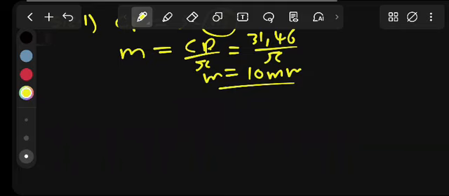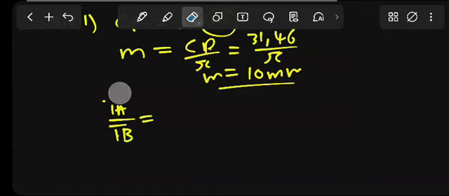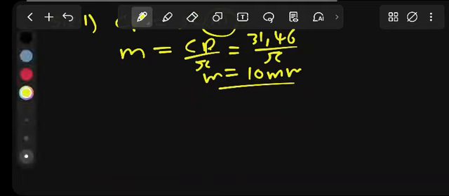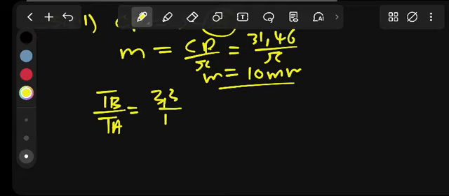We'll have our ratio TA over TP. Since the pinion will be small, I can say TP over TA. So for the pinion it will be smaller here. This is the same as 3.3 divided by 1.